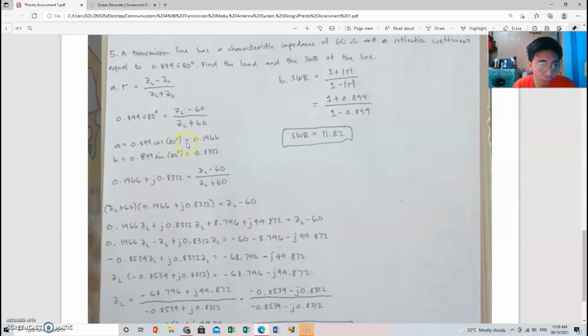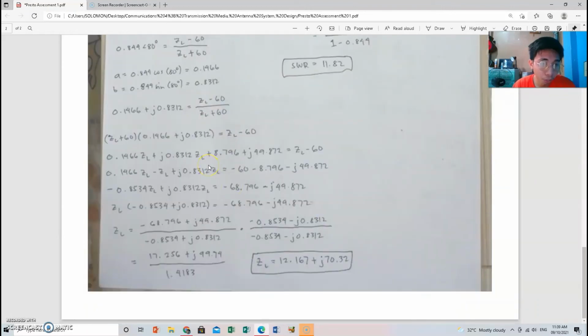So the real part is equal to 0.1466, and the imaginary part B is equal to 0.844 sine 80 degrees. So that is equal to 0.8312. So we have here the complex number 0.1466 plus J 0.8312. This is now the reflection coefficient. And again, the right side will be the same, ZL minus 60 over ZL plus 60.